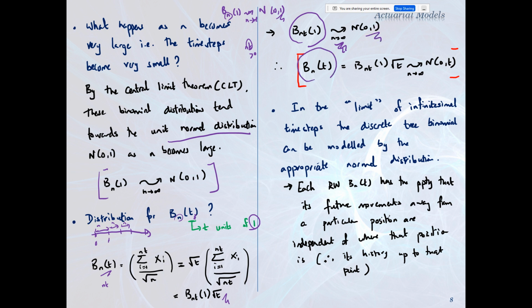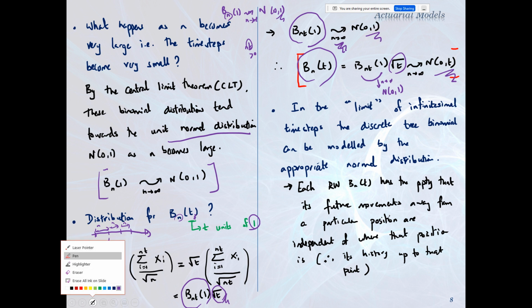So your Bnt, which equals Bn1 times square root t, will follow an N(0,1) times square root t. When the square root t goes inside, it becomes N(0,t), because the variance is related to the second parameter, so square root t becomes square root t squared. So your Bnt follows a normal N(0,t).